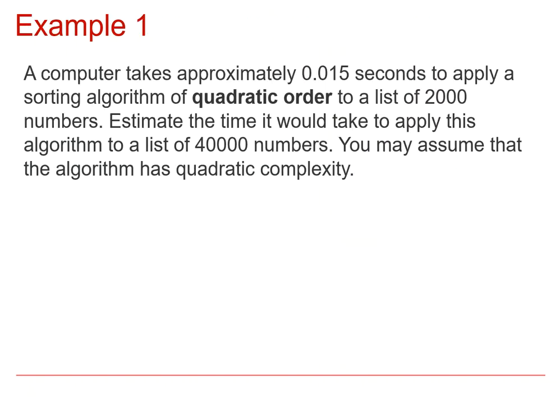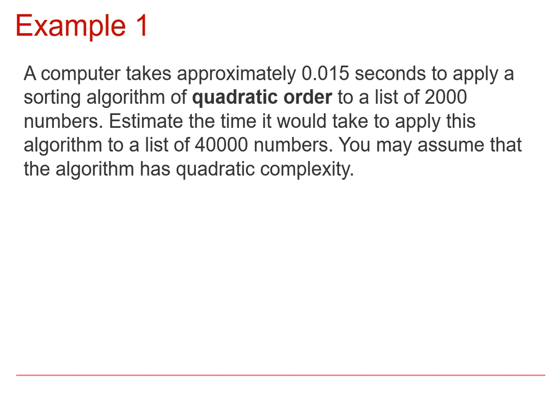So here's an example of this. Suppose it takes a computer 0.015 seconds to do a sorting algorithm of quadratic order on a list of 2,000 numbers. What we need to do is estimate the time it would take to do the same algorithm if the list was somewhat larger, 40,000 numbers.